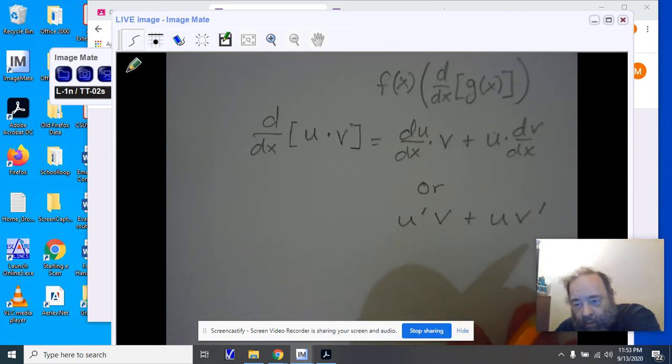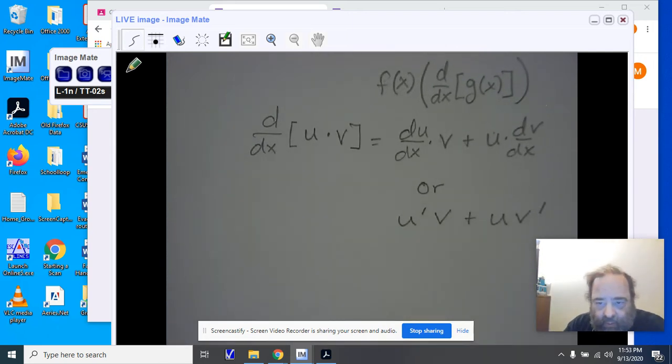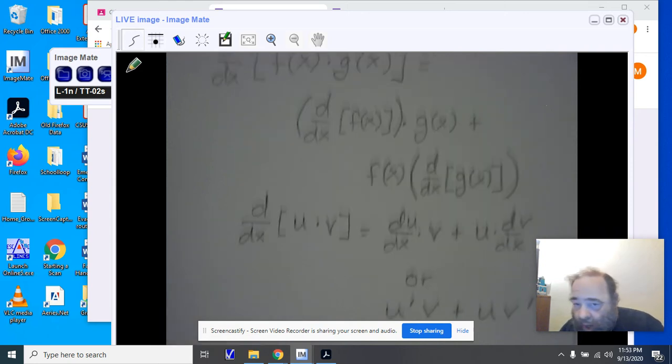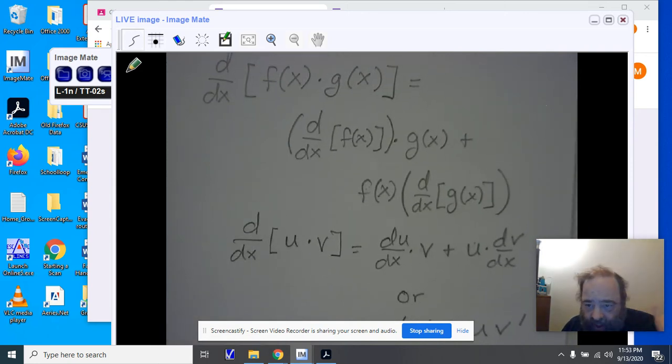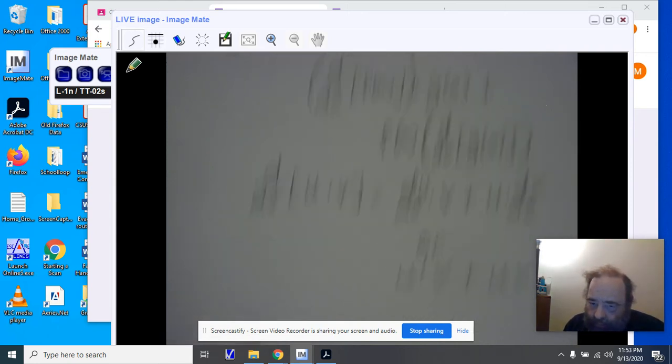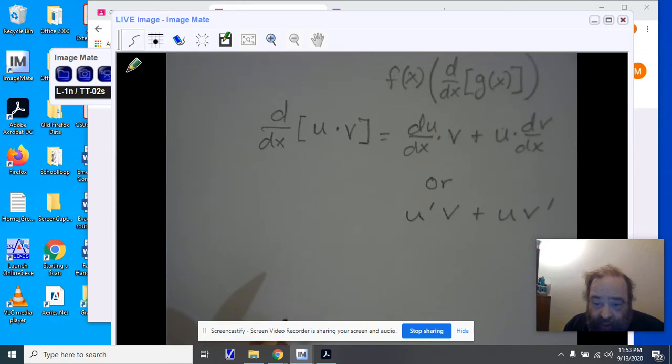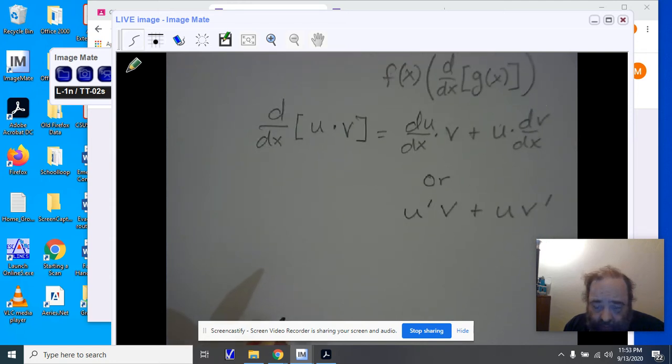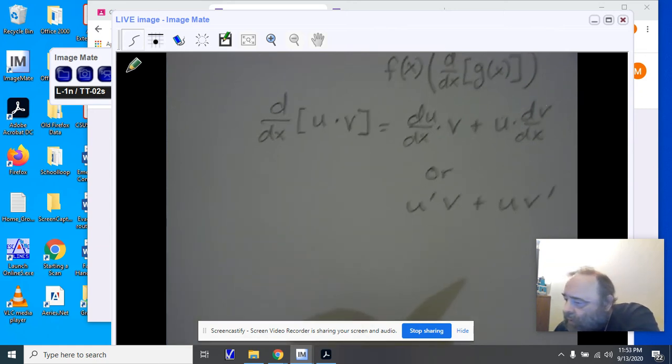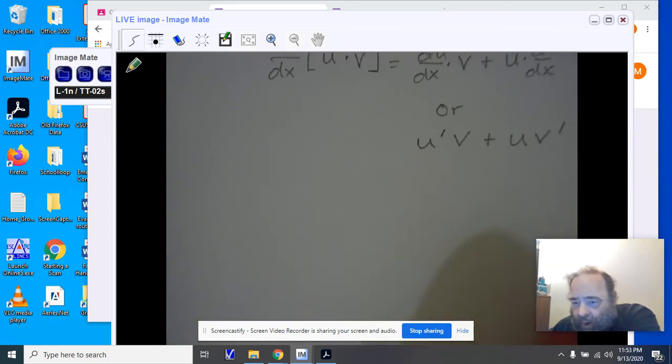Okay? Notice how that pattern works. Now, whether you use all of the letters, etc., it doesn't matter. Okay, just keep in mind, you need to memorize this. Now, in some cases, we just, first times the derivative, first times the second plus the derivative, second times the first. Fantastic.